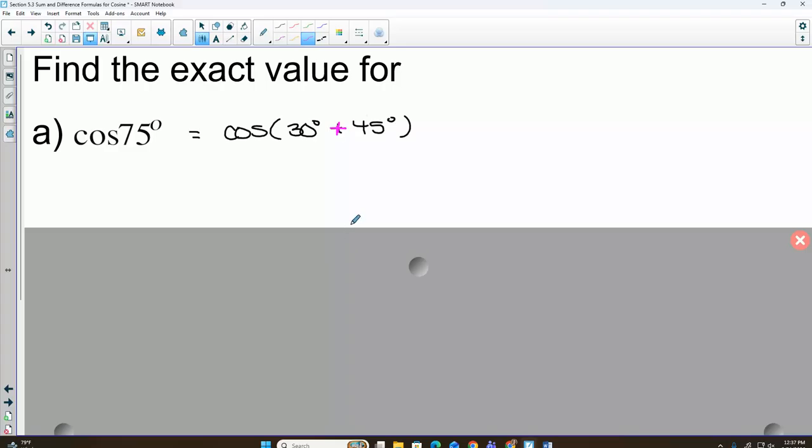So out of the two formulas we just wrote down, which one are we using? The first one. So that formula says cosine of A is just my first angle, B is just my second one. So it's the cosine of 30 degrees, cosine of B, so cosine of 45 degrees, minus sine of A, sine of 30 degrees, sine of B.